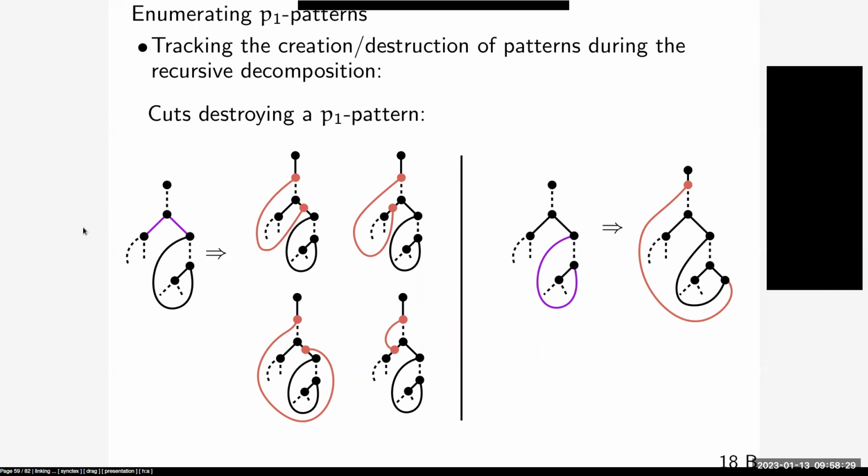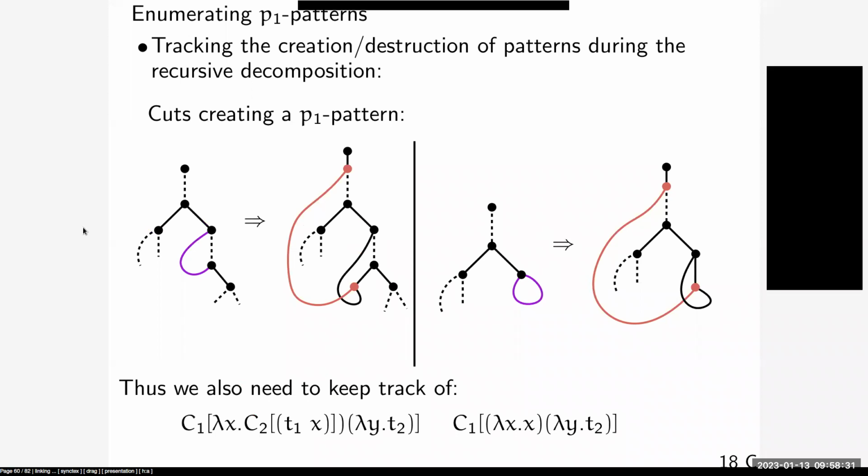And so this is for destroying. To create a P1 pattern, we can either point at this purple edge here and cut to the left so that we create a new P1 pattern, or we have this sub pattern here. We have a loop somewhere applied to some lambda, and we cut off to the left again.